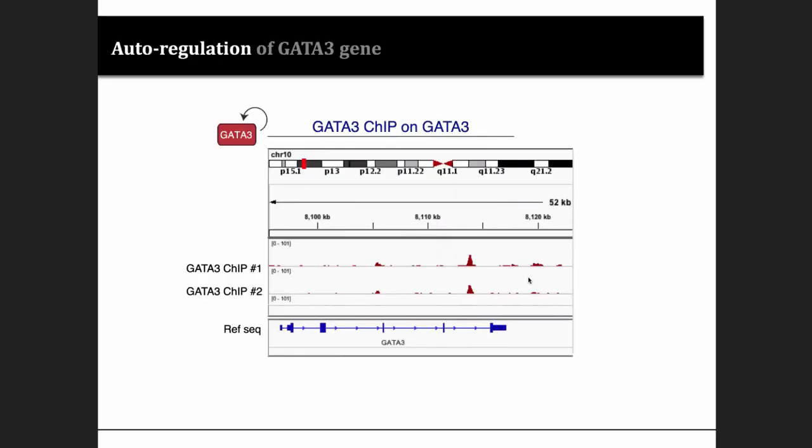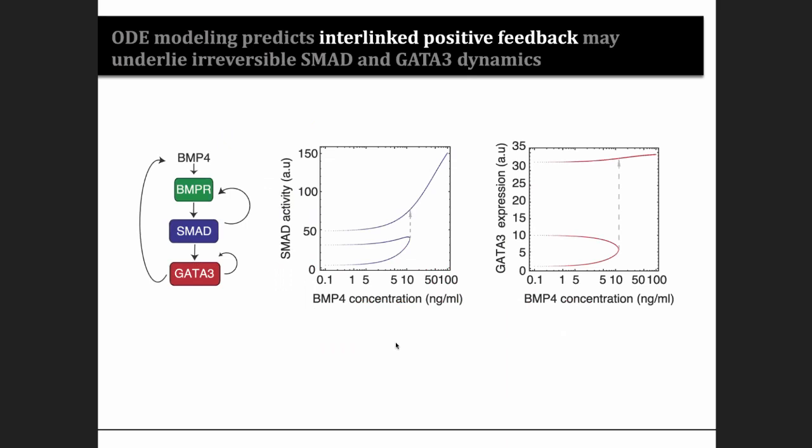So we see that GATA3 is also embedded in positive feedback. This is a ChIP experiment where we see beautiful peaks after BMP stimulation on GATA3 itself. And in fact, these nested feedbacks that we uncovered are predicted to help maintain a memory of this signaling and this expression of early genes.